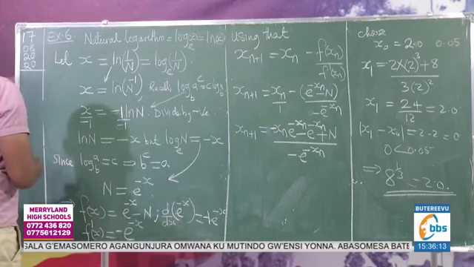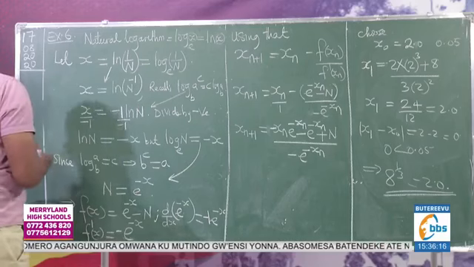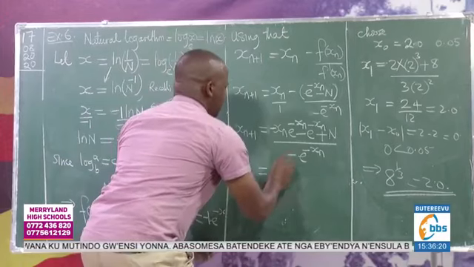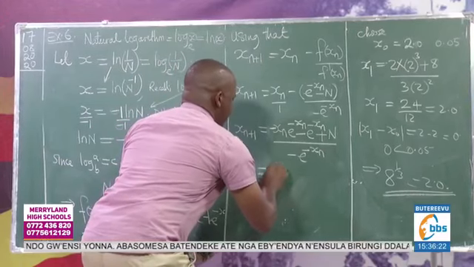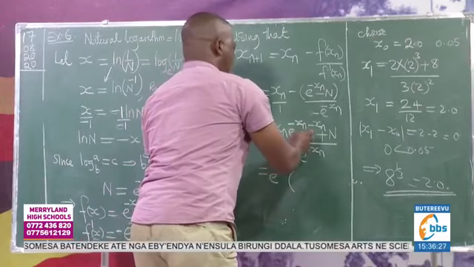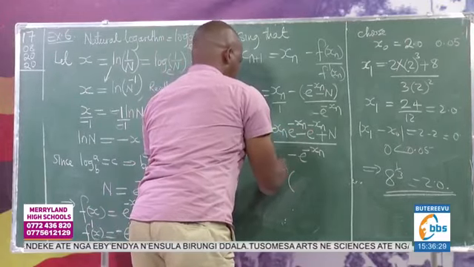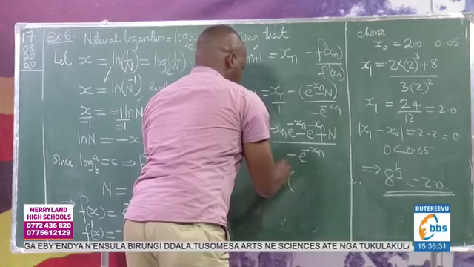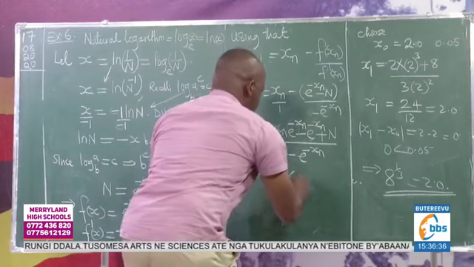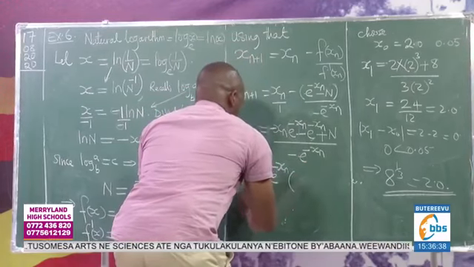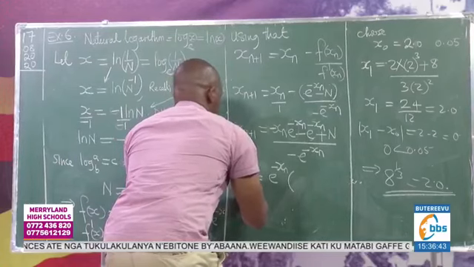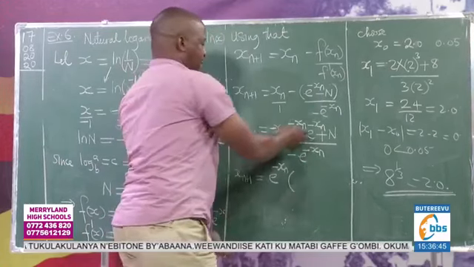We can choose to factor out our e to the negative x n. If we factor out, we can take e to the negative x n as common. If this is pulled out, it is shared here and shared here. We shall stay with x n plus 1. We can make this negative.